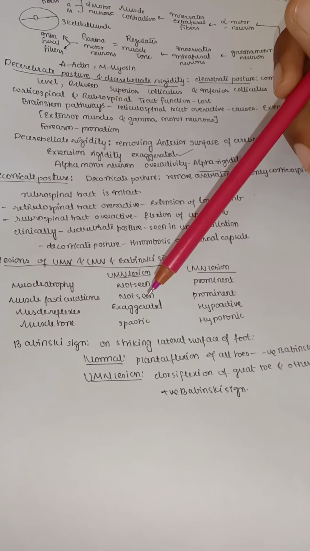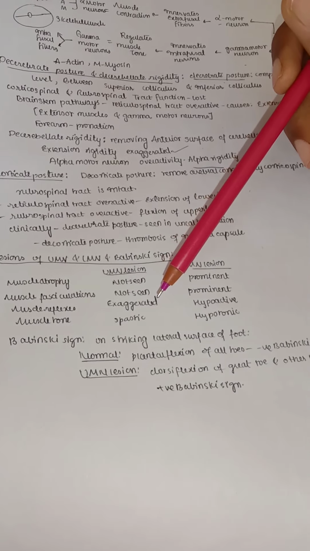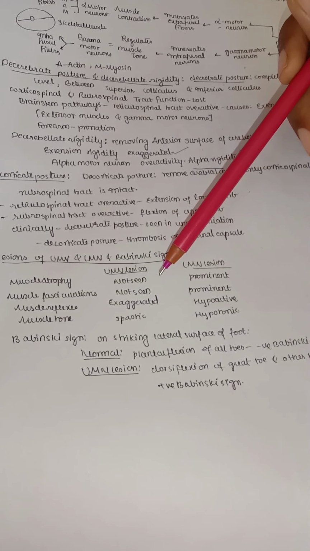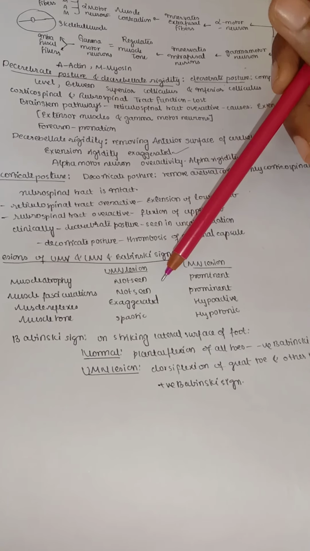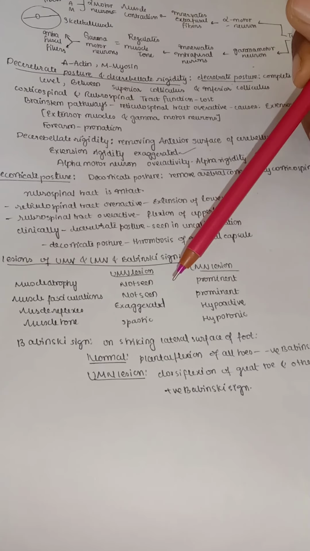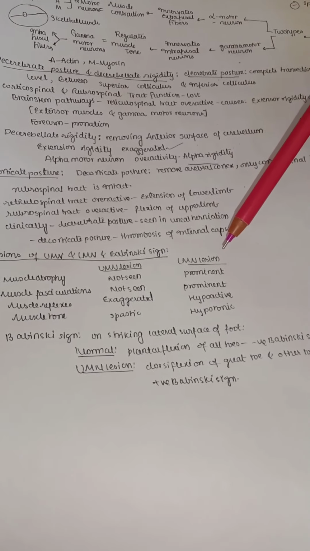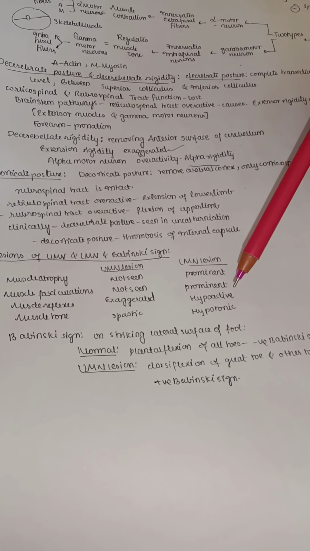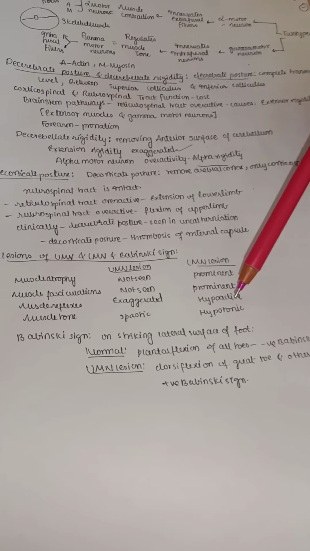Next, coming to muscle reflexes. Muscle reflexes are exaggerated in upper motor neuron lesion, because it usually keeps them inhibited. Now this has gone, so there is a lesion, and the muscle reflexes will be more. Whereas in lower motor neuron lesion, there will be no muscle reflexes.